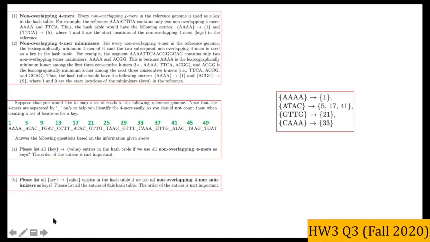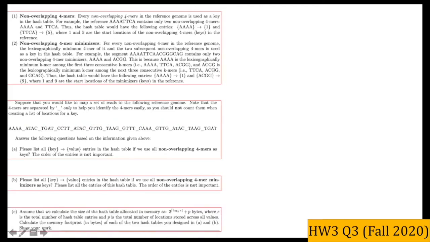Okay, so now we can proceed to point C. In C, assume that we calculate the size of the hash table allocated in memory with this equation, and this equation gives you the memory footprint in bytes, where E is the total number of hash table entries and P is the total number of locations stored across all values, which is basically the second column in the hash table.